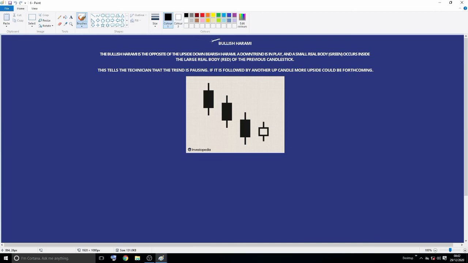Right, we have a bullish harami. It's the exact opposite of what I just explained. It's inside, as you can see, it's inside, and if it shows the next candlestick like this, then it's fine, it can continue to go down.